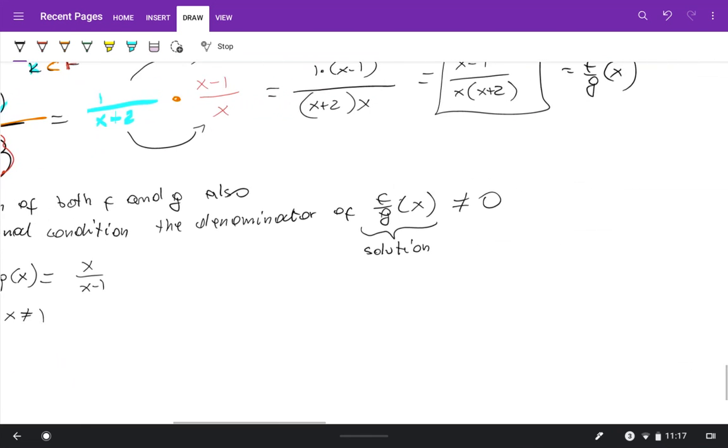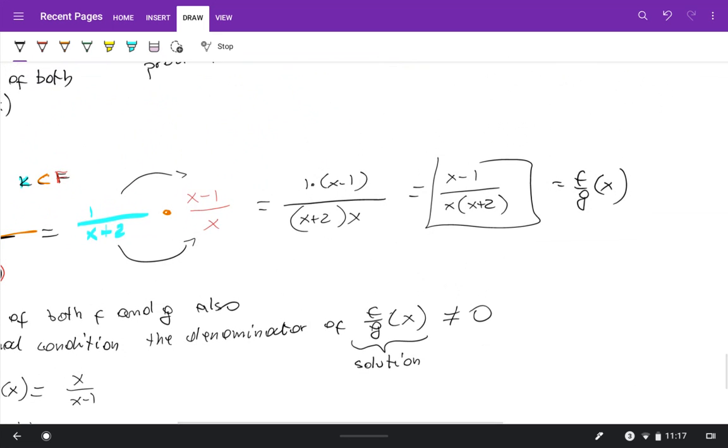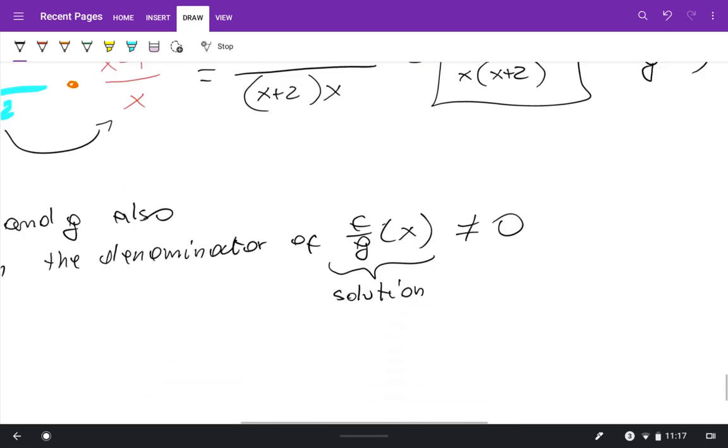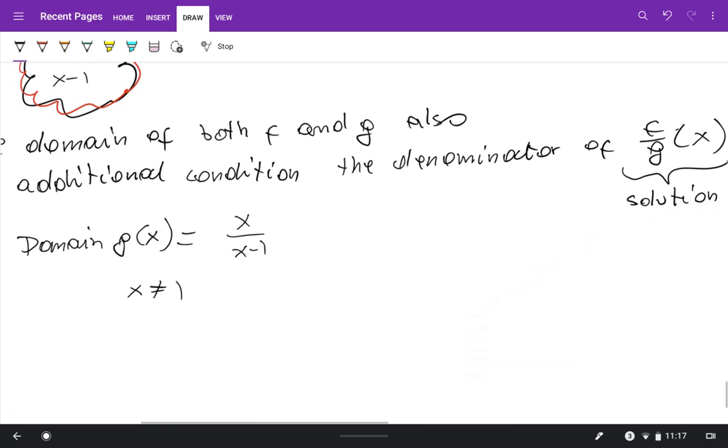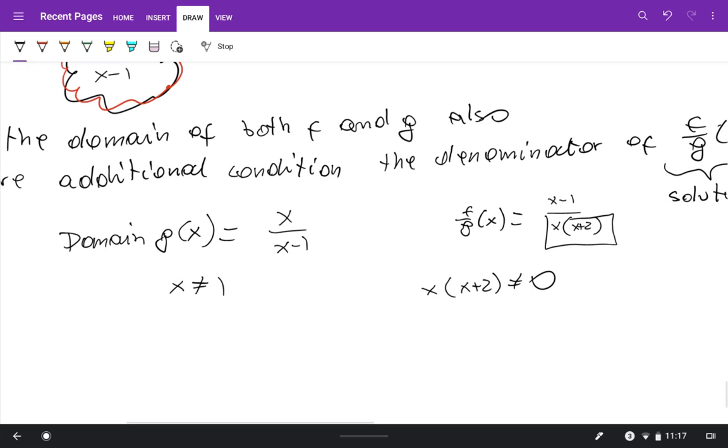But look what happened. Our final solution for the quotient has this x times x plus 2. So this is my extra condition: f over g of x, the final answer, was x minus 1 over x times x plus 2. So here you also have to give the condition that this denominator, x and x plus 2, is not equal to 0. So how do you solve that? You're saying x can't be 0, x plus 2 can't be 0.